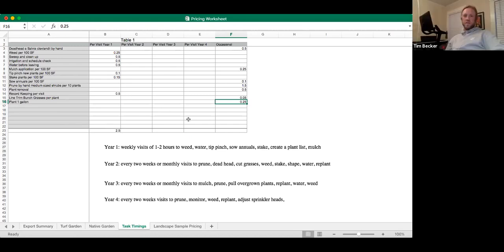One thing also that's not on here: if you garden on the edge, meaning near wildlife, consider how many hours you spend, especially if your client wants organic control of vertebrate pests, gophers, ground squirrels.